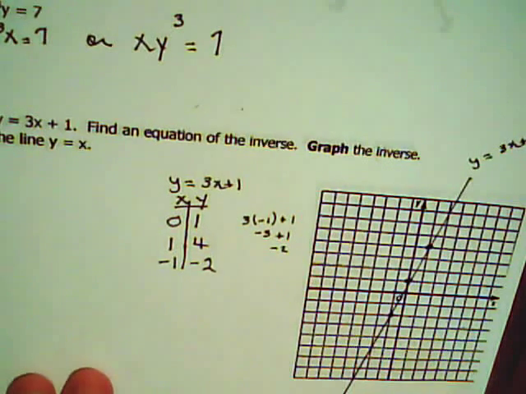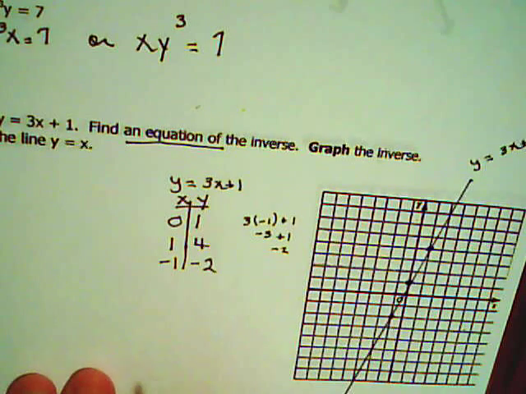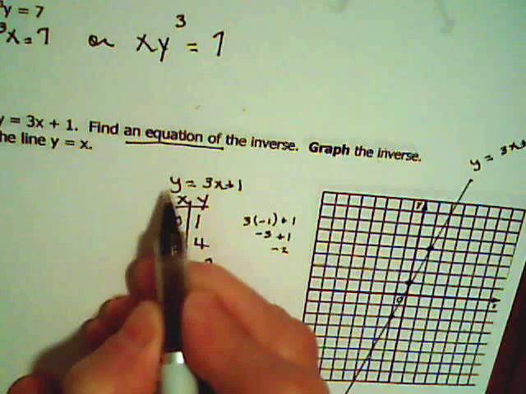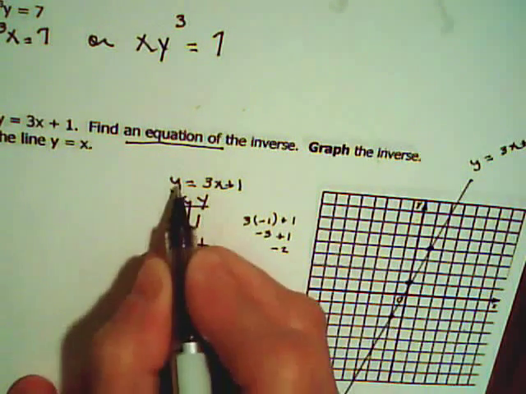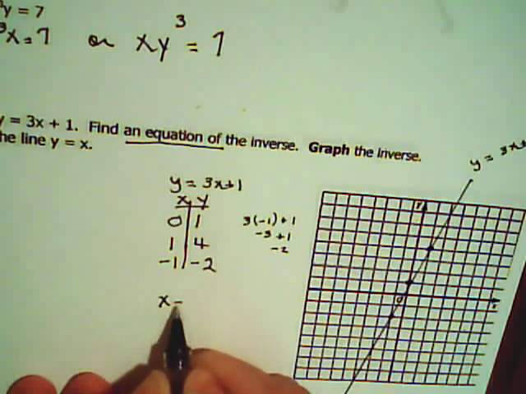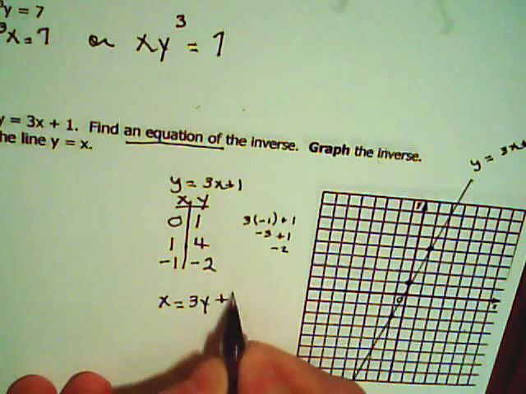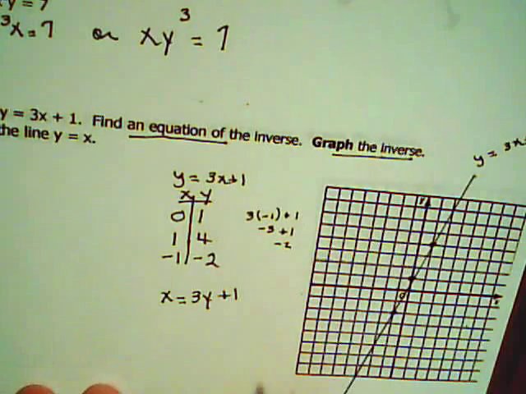Now, secondly, it asks us to find an equation for the inverse. Now remember, we did this up above in number 2. You're going to interchange x and y. So instead of y equals, I'll have x equals. In place of 3x, I'll have 3y plus 1. That's my equation for my inverse. Then it asks us to graph it.